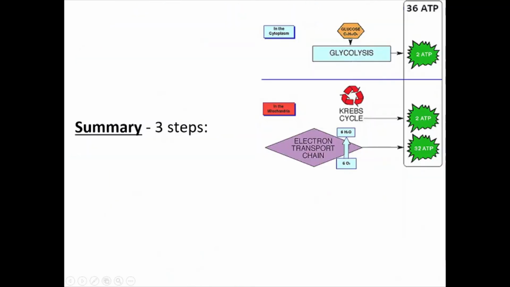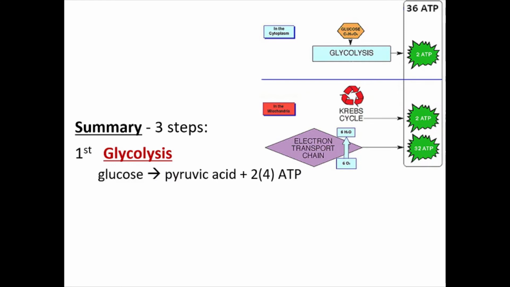All right, let's do a really quick review before we move on. In summary, there are 3 primary steps to cellular respiration, the aerobic kind. The first step is glycolysis, in which glucose is broken down into pyruvic acid as well as several electron transport molecules.